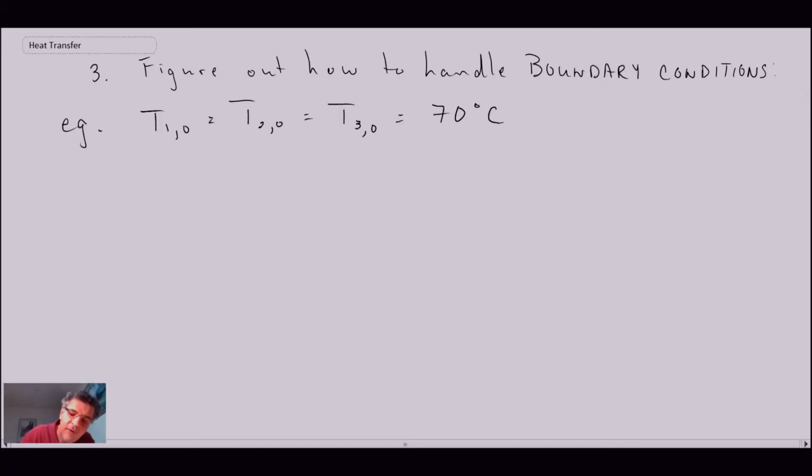So an example for one of the boundary conditions could be the temperature at nodal location 1,0 equals 2,0 equals 3,0 equals 70 degrees C. And so that would be an example of how you would handle the boundary conditions on one of the sides. And the last thing that we do in this process is we need a way to be able to solve for the temperature distribution. And the way that we do that is the following.